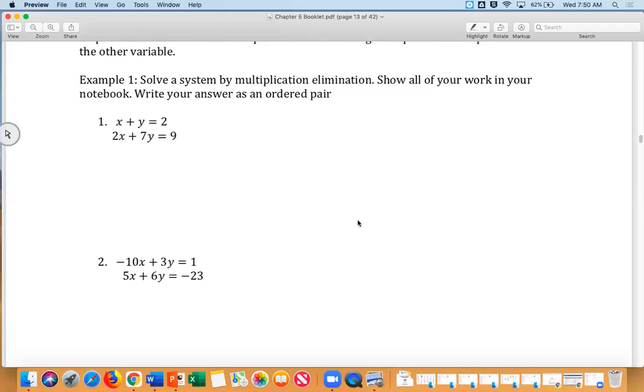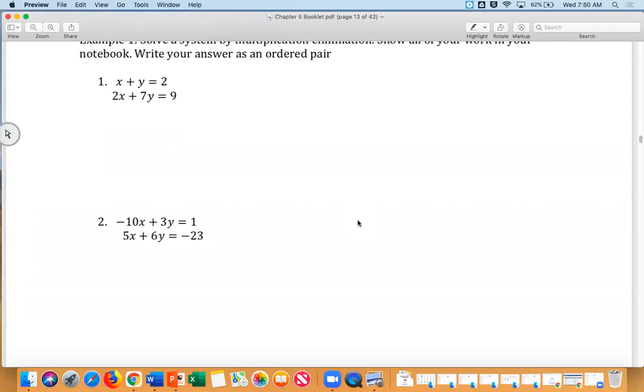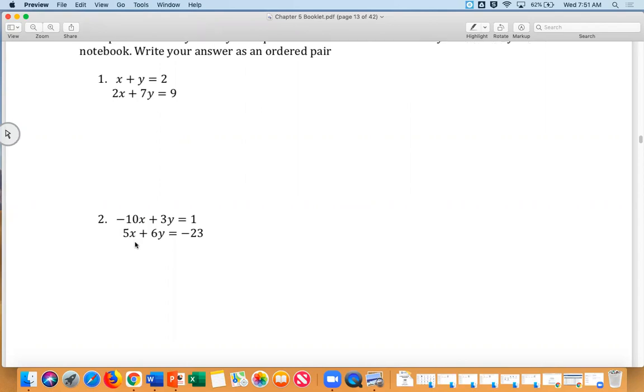We have for the x's negative 10 and 5x, and for the y's 3 and 6. So I couldn't just add them or subtract them. So we ended up multiplying one equation by a number to get rid of the variable. We multiplied the bottom equation by 2, so we would get rid of the x's. Do you remember that?